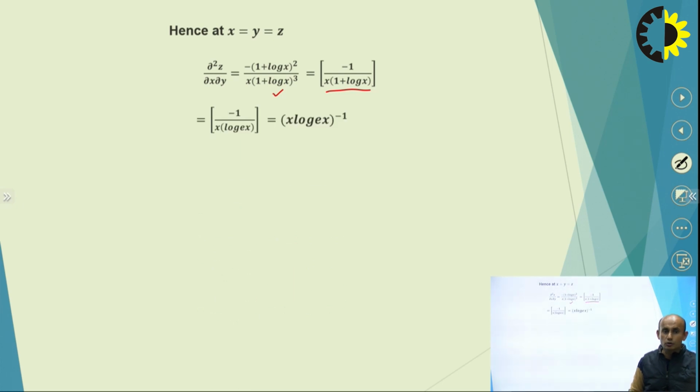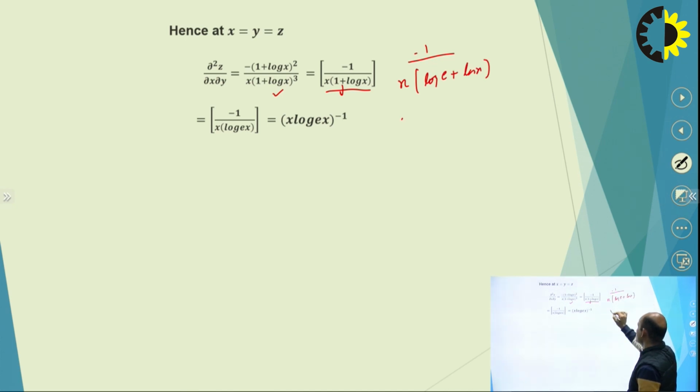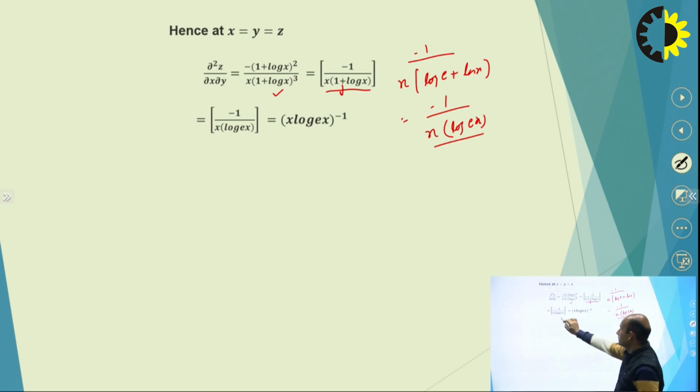Since 1 can be written as logarithm of e, this is minus 1 upon x times logarithm of ex. So this is the required expression which we have to show, which is x logarithm of ex whole power minus 1. And that's all from this class.